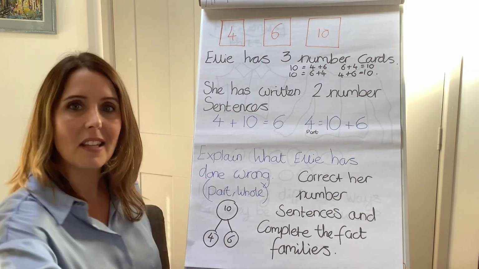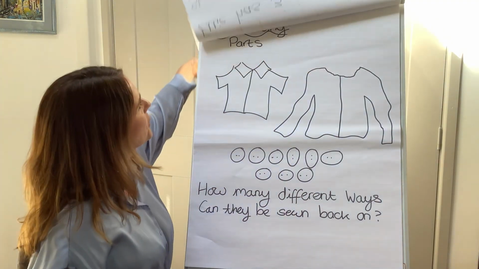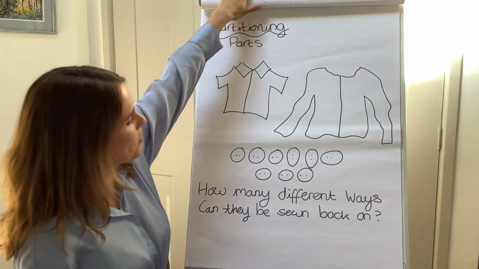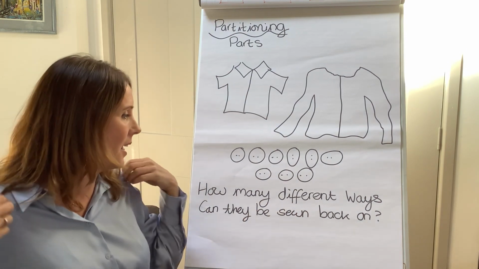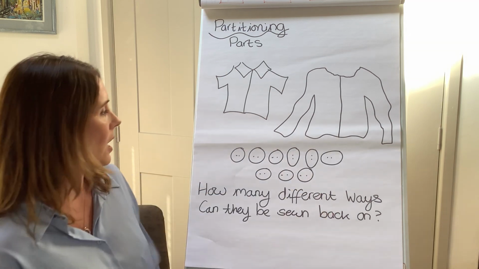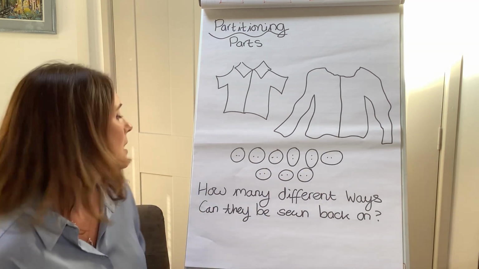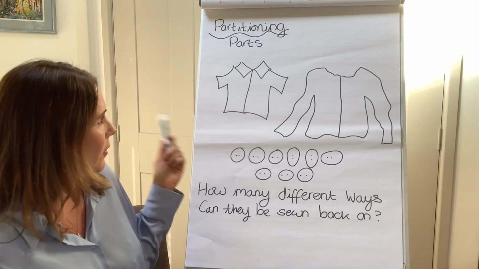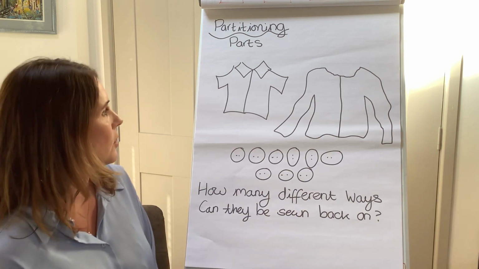Okay, next problem. The washing is out on the washing line, and some of the buttons have blown off. And so how many different ways can they be sewn back onto these 2 shirts? How many buttons are there? There are 1, 2, 3, 4, 5, 6, 7, 8, 9 buttons. And I'd like you to think of all the different possible ways that you can sew the buttons onto the 2 shirts.